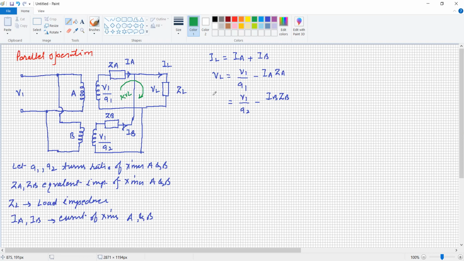If you put the value here, IB is equal to IL minus IA. So VL is equal to V1 upon A2 minus (IL minus IA) into ZB.